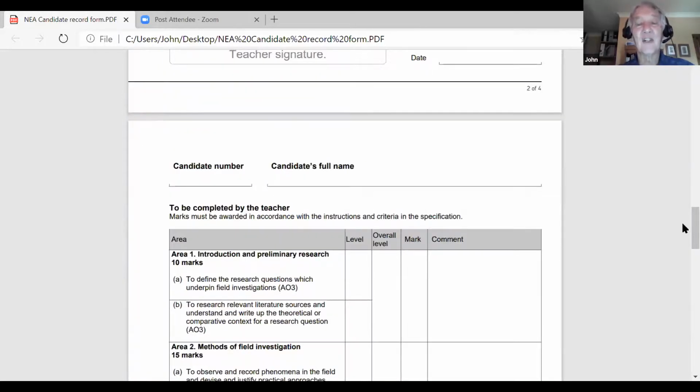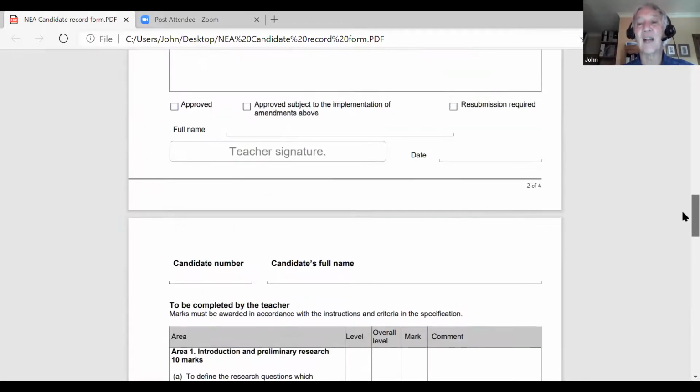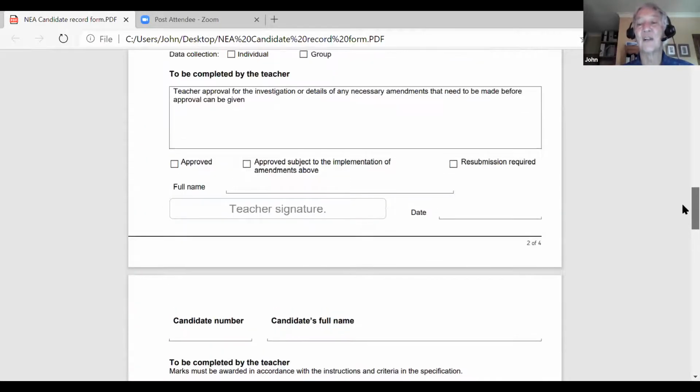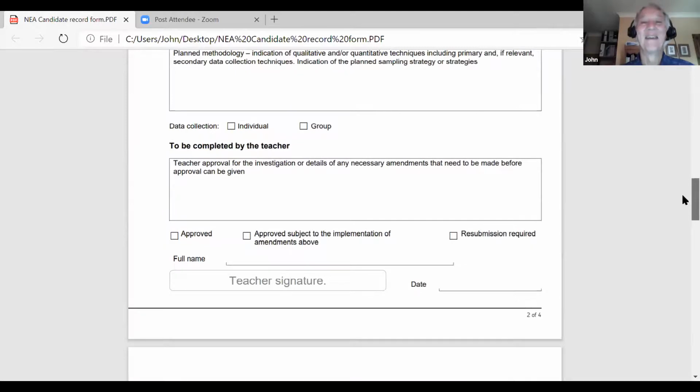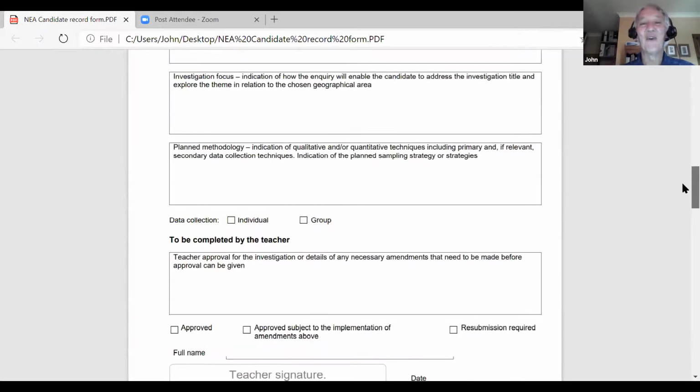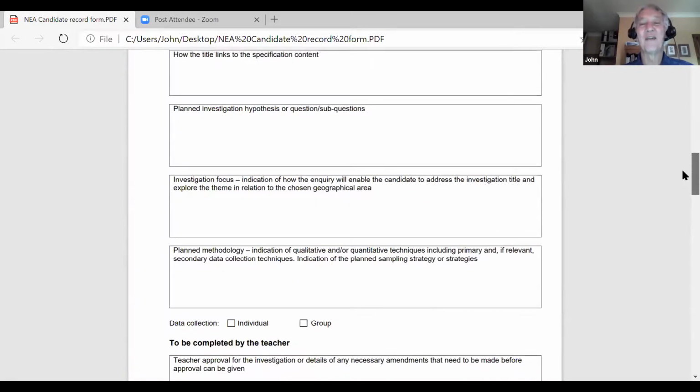I suggest, teachers, that you all provide your students with a copy of the mark scheme before they begin. Then they know exactly all the boxes they've got to tick. Students, if your teacher hasn't provided you with that, nag them. I think you ought to be working completely in the light, nothing hidden from you.